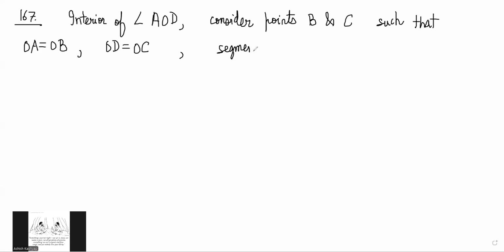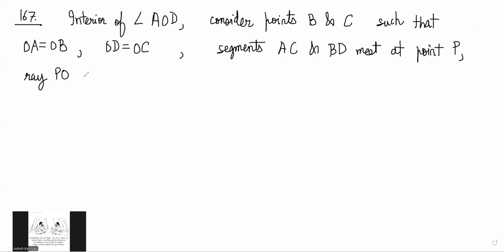Segments AC and BD meet at point P and the ray PO is angle bisector of angle APD.